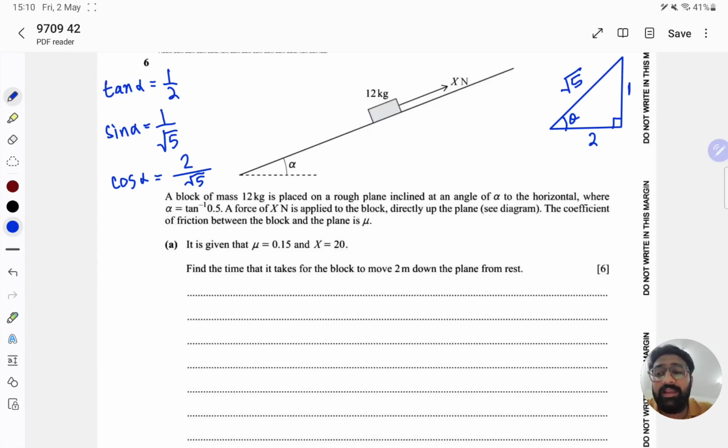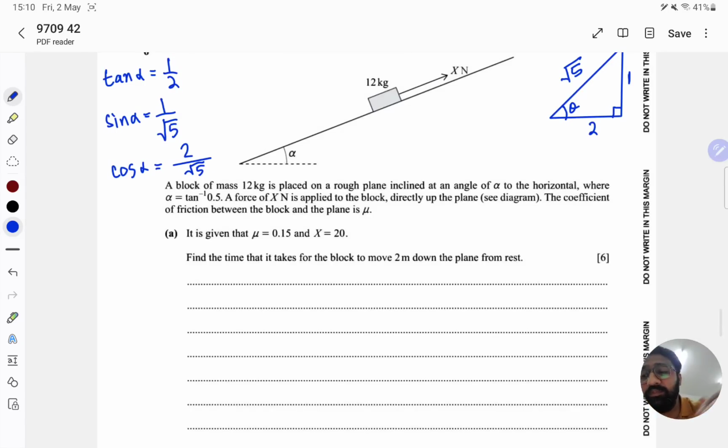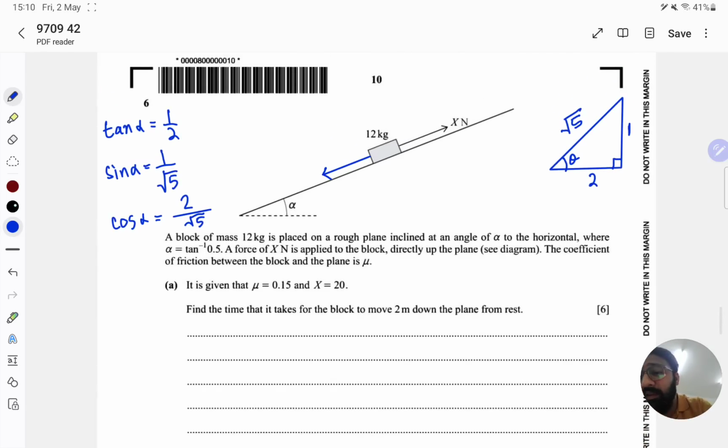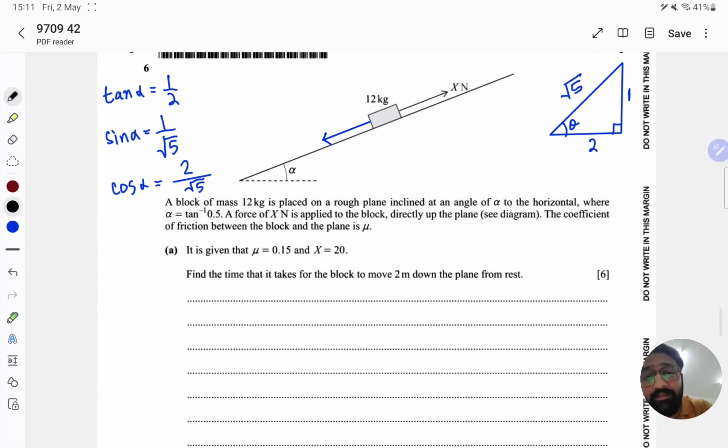Okay, so basically what is happening: find the time it takes for the block to move 2 meters down the plane from rest. So the object is going to move down the plane. Let me mark the direction. This is the direction that the object is going to move. We need to resolve the forces, and the weight, which will be 120.